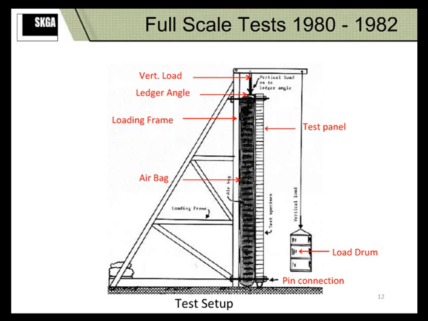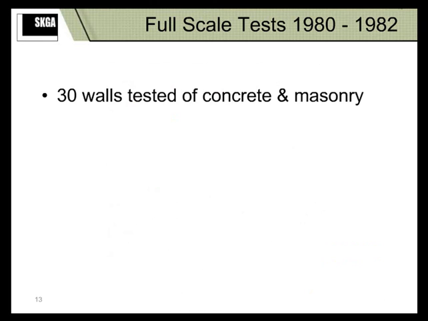A pin connection at the bottom was modeled, and the airbag was filled with air, and the pressure regulated, and the deflection was measured to watch the load deflection characteristics of these.